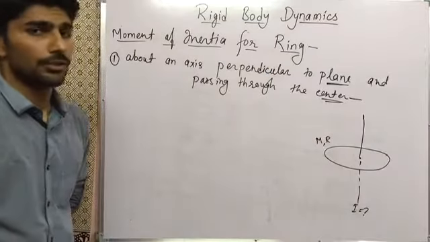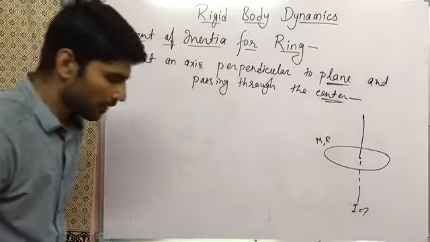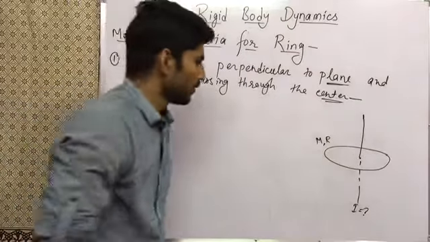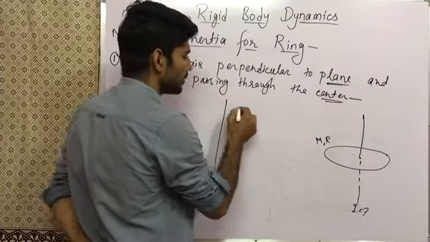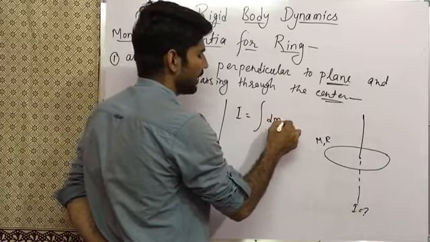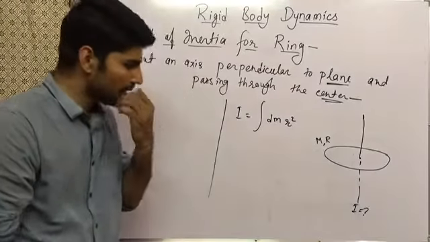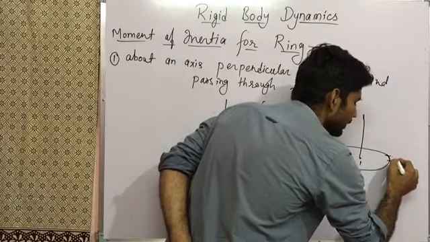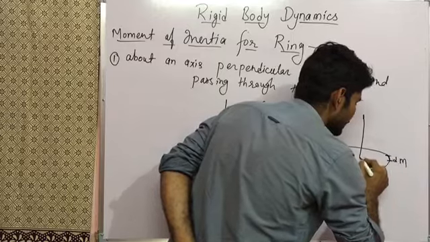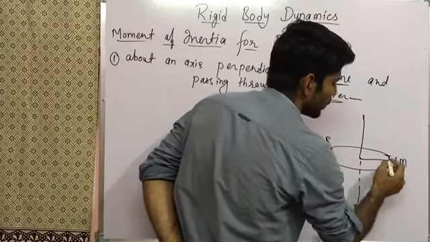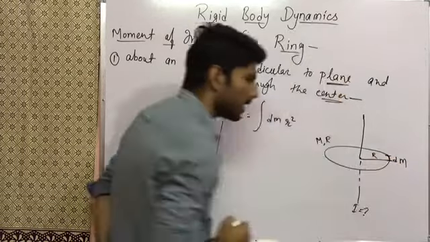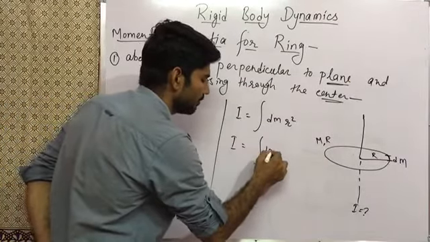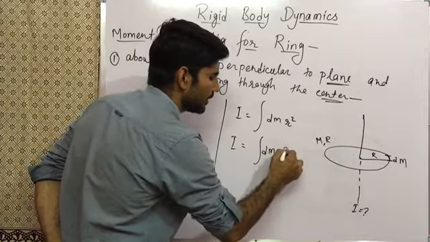This ring is a rigid body, and we discussed that for a rigid body we need to take a small component, because the moment of inertia for a rigid body is given as integration of dm r square. So in this ring we take a small component, which is dm, and its distance from the center or from this axis is capital R. Then I is integration of dm times R square.